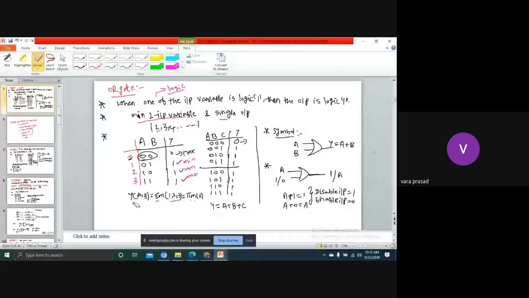We have to write A is 0, B is 0. When we are writing a max term, when it is 0, do we write complement form or uncomplement form? Please tell me. Uncomplement form means A I have to write, B 0 means B. And is a max term a sum term or a product term?